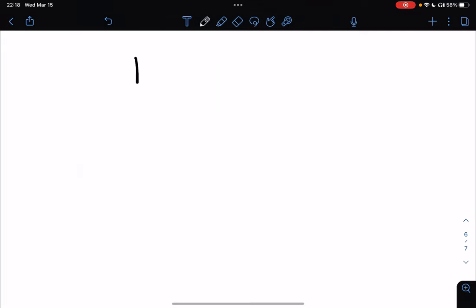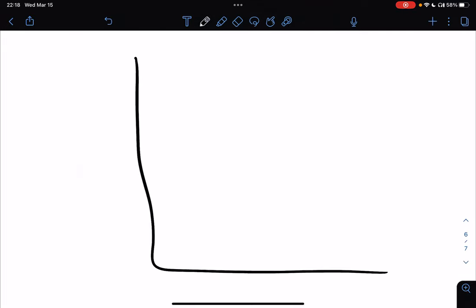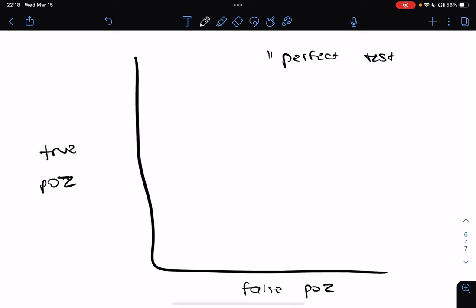Now, by the same logic, let's say I develop a perfect test. So my perfect test basically never has a false positive, and it always has a true positive. So what that would look like is basically a straight line, right?